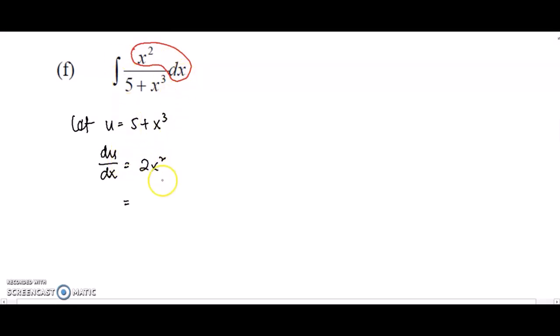Alright, so we just bring up the dx to the right, and the 3 you bring to the left, you have du over 3, meaning that the x squared dx later on, I'm going to write as du over 3. 1 over 5 plus x cubed is going to be 1 over u.